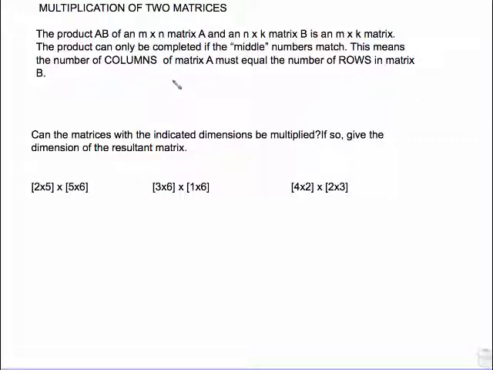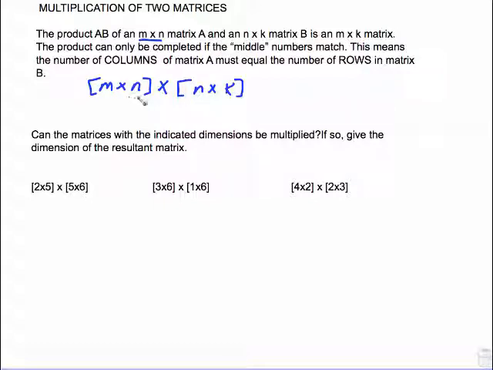Multiplication of matrices gets a little bit more involved. Number one, you have to check the dimensions of your matrices to see if they can be multiplied. It says the product AB of an M by N matrix, times an N by K matrix.